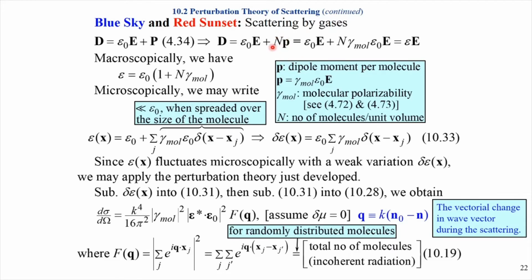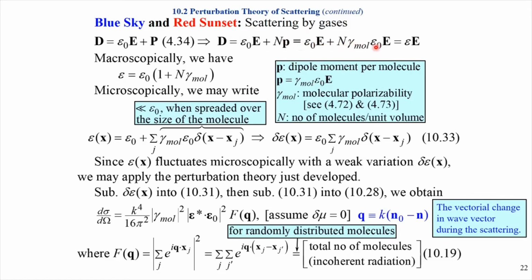So total N times small p is the dipole moment density. And we know p can be written as gamma mol, that's the molecular polarizability. See equations 4.72 and 4.73. p equals gamma mol epsilon 0 E. Okay, by doing so, substitute this term into here.